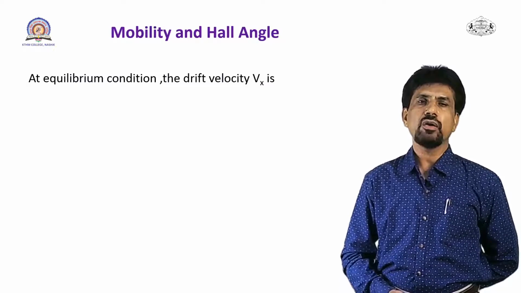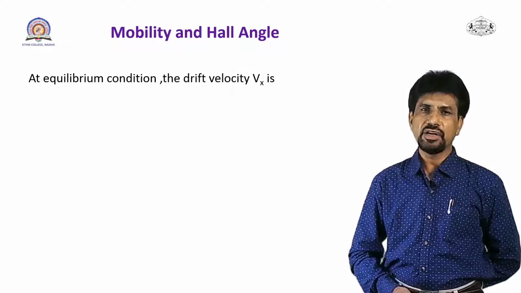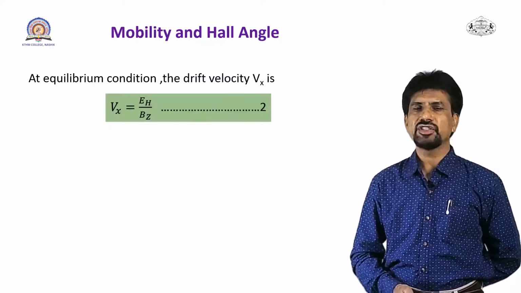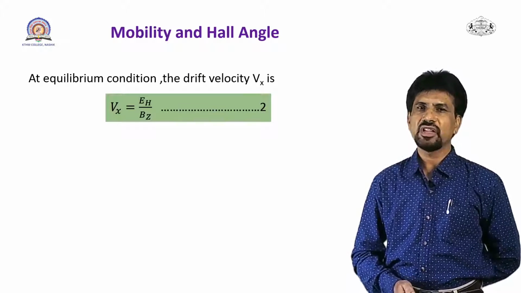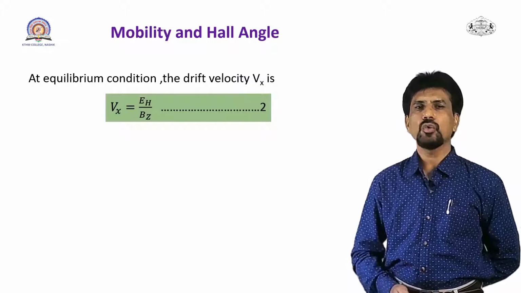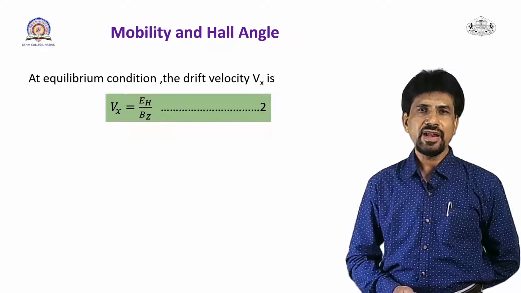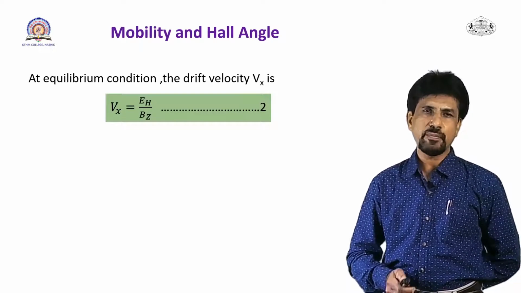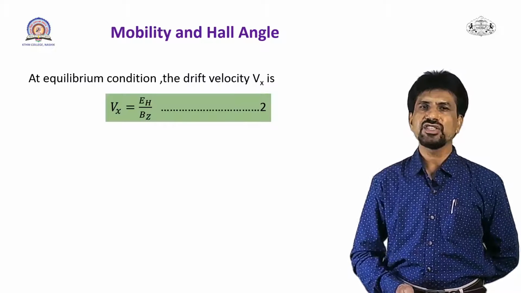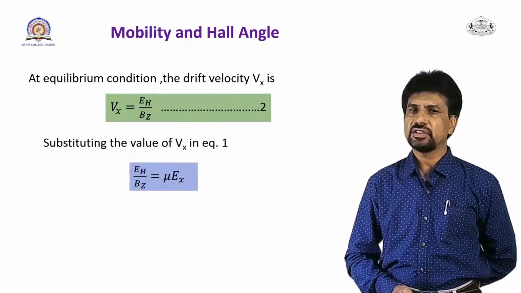Now initially we have seen what happens at the equilibrium condition. At the equilibrium condition, the two forces become equal, that is the Lorentz force becomes equal to the force produced by the electric field, and at that time we can express the drift velocity Vx as equal to EH divided by BZ.